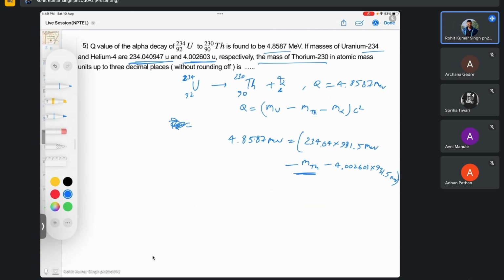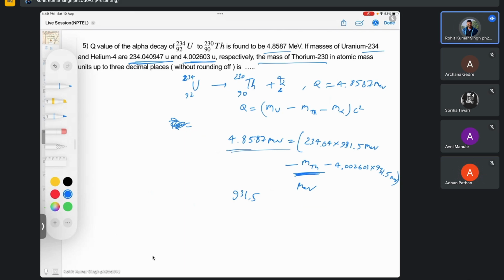Now if you do this calculation, this will come in terms of MeV, and then you have to convert it back into atomic mass unit, so you'll just divide by 931.5. Instead, we could just take 931.5 common from all three, send it to the left side, and then we'll get the thing in U only directly.